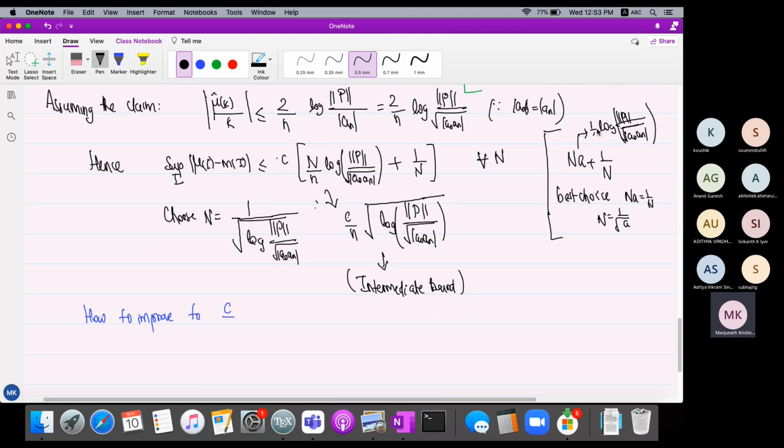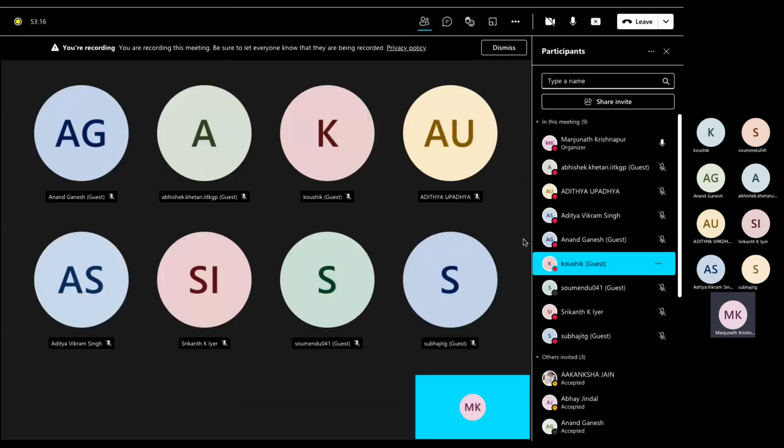So this is 1 by small n times this. So I have to choose capital N to be in the square root. There is also a small n. It is whatever n is, 1 by square root of a will have also this one, 1 by square root. So when I do 1 by that, I do get a square root here. Okay, is that okay? I mean, did I go fast and lose people or something? I mean, is it okay?